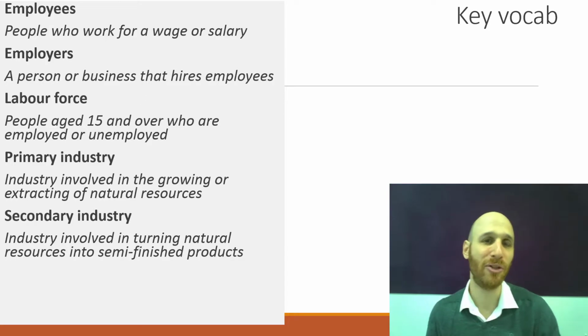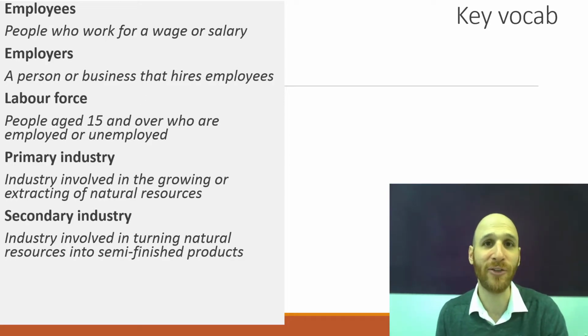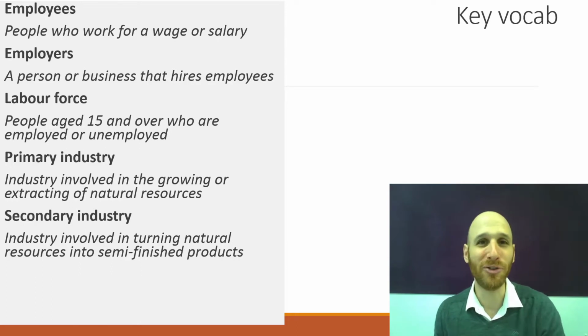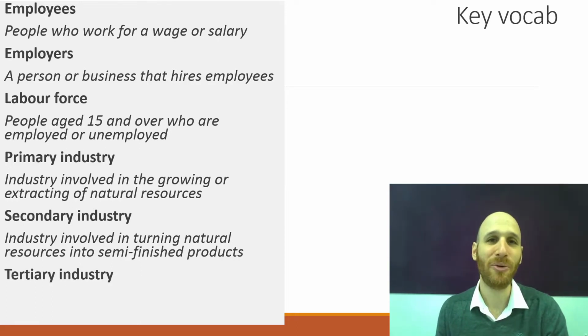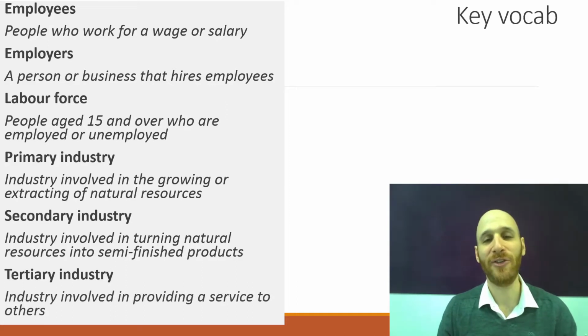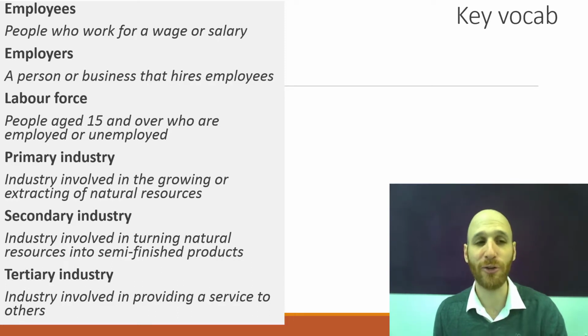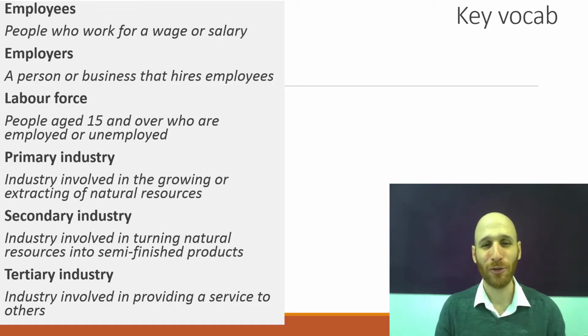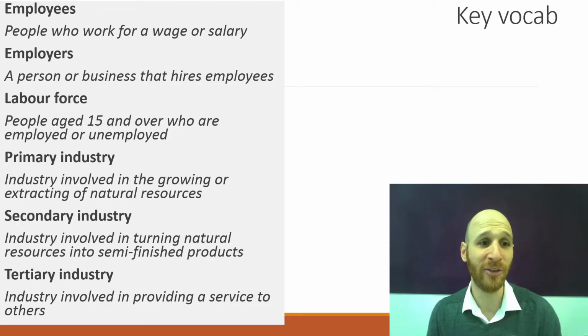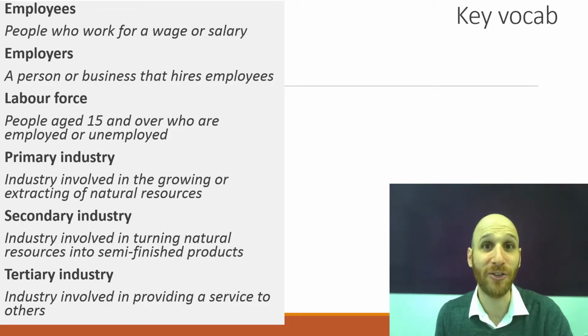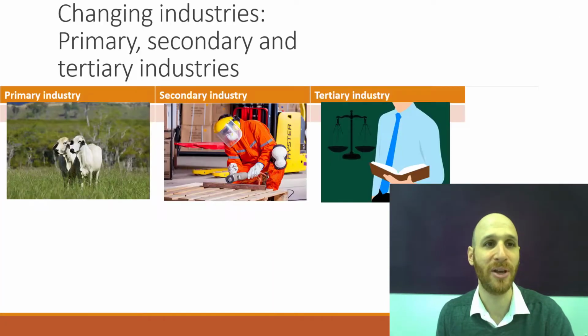So they transform the primary industry's products into something more developed. And then we've got what's known as a tertiary industry, like a third level of industry. A tertiary industry is an industry that provides a service to other people. We're going to look at examples of all of these in this video. So just be clear: primary industry gets the natural resources, secondary industry turns natural resources into some kind of product, and a tertiary industry provides a service to other people. So that's the key vocab for these sets of videos.